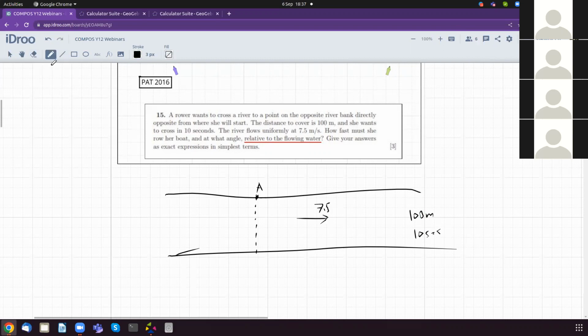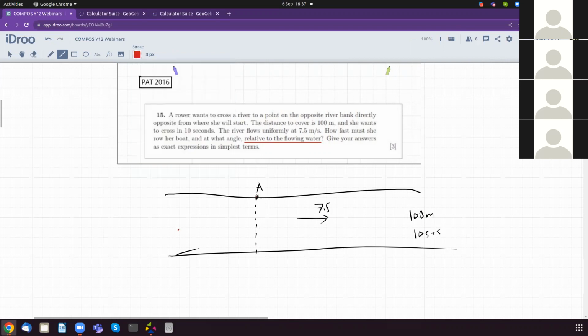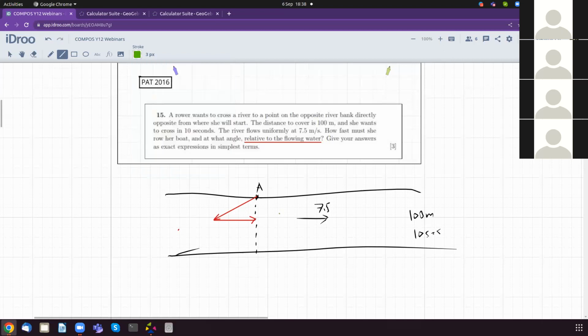Obviously she cannot row directly. She has to row at an angle, like this. The river will cause her to drift this way, and hopefully the final velocity is here.